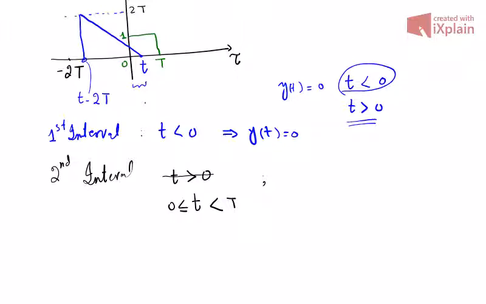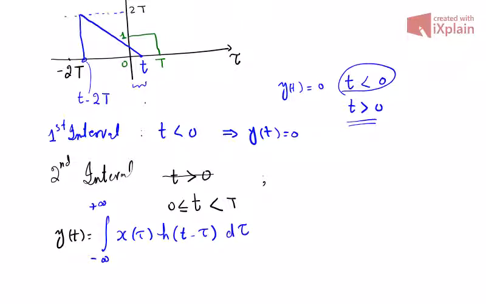So for this interval, we can evaluate the convolution integral, from minus infinity to plus infinity, x of tau and h of t minus tau d tau.